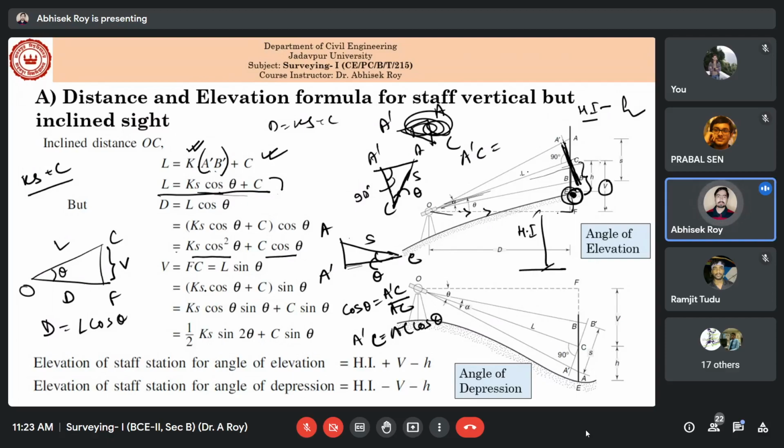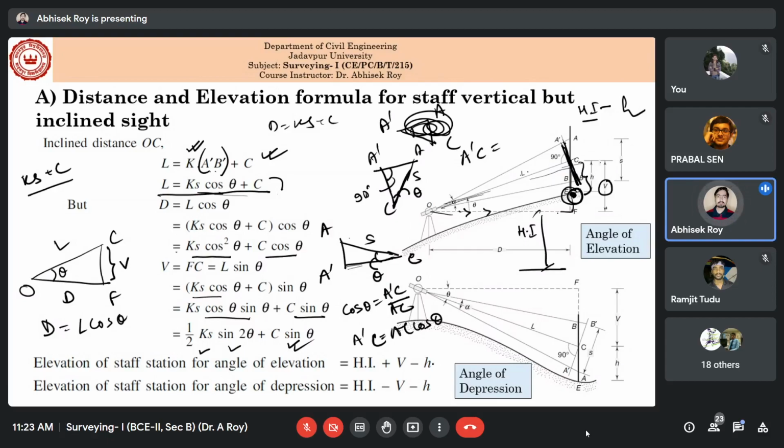But L you already have calculated, that is Ks cos theta plus C. So we will multiply by sin theta. So it will become Ks cos theta sin theta plus C sin theta. Instead of cos theta sin theta, we can write half into 2 cos theta sin theta, but 2 cos theta sin theta we know is sin 2 theta. That's why it is written half Ks sin 2 theta plus C sin theta. So that's how we will calculate the V.